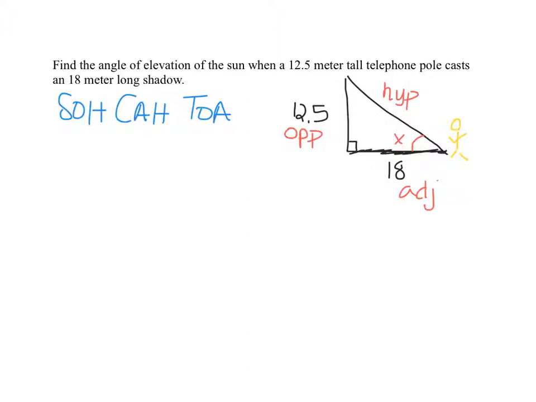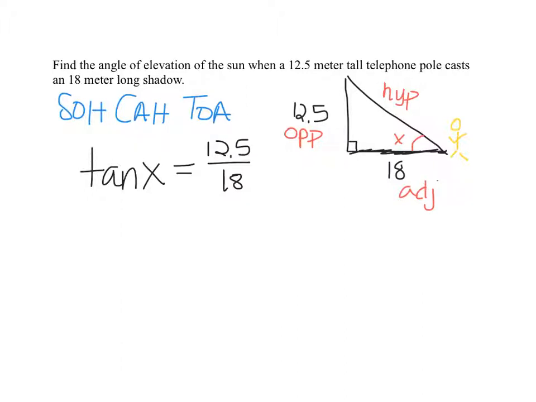Okay, well, what trig ratio uses opposite and adjacent? The trig ratio we want is the tangent. So let's set up our equation. I'm going to start by saying the tangent of the angle. Well, I don't know this angle, so this is going to go down as x. So the tangent of x equals the opposite over the adjacent. So 12.5 over 18.